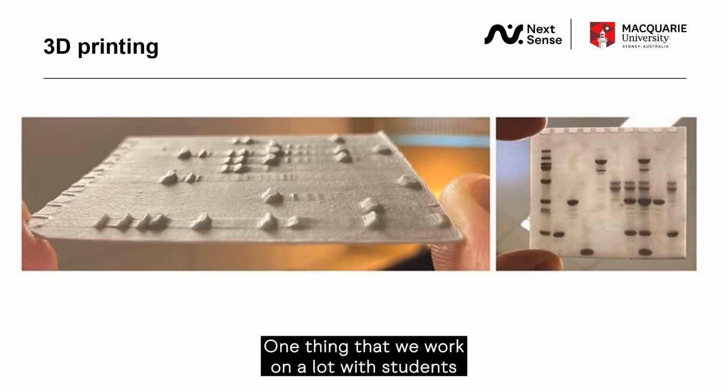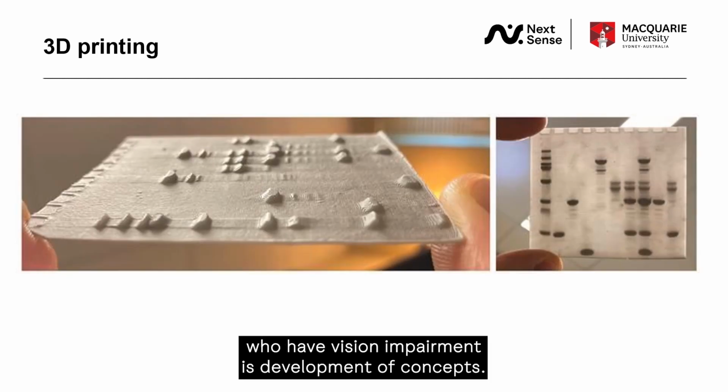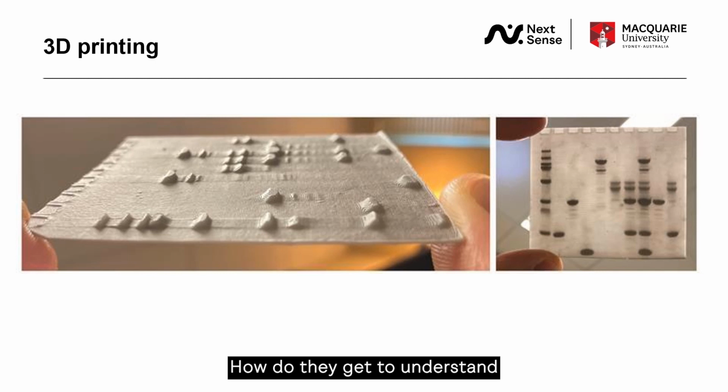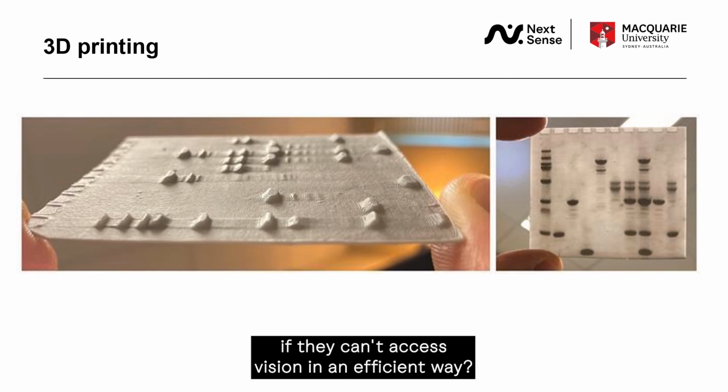One thing that we work on a lot with students who have vision impairment is development of concepts. How do they get to understand what we're really talking about if they can't access vision in an efficient way? And we've seen a growing interest in 3D printing.